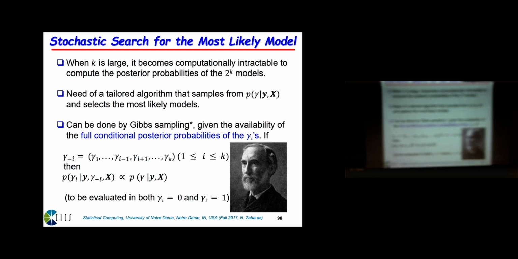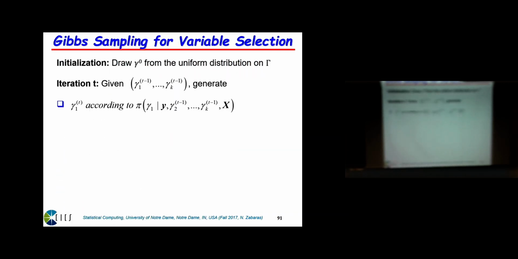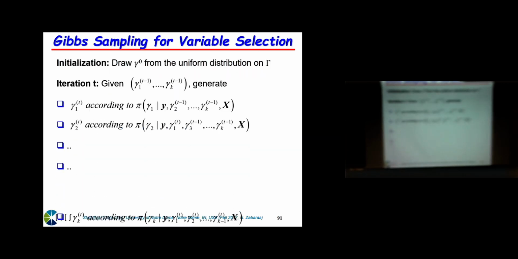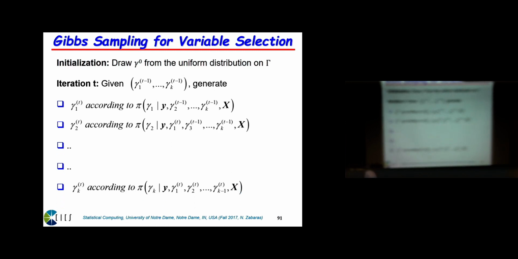So this Gibbs sampling methodology, the algorithm, is what you see here. If you want to build an algorithm, here the Gibbs sampling algorithm, to generate samples that come from the posterior of gamma, here is what you need to do. You need to sequentially start generating samples of gamma 1 only, of gamma 2, and gamma k. And from where do you sample gamma 1?